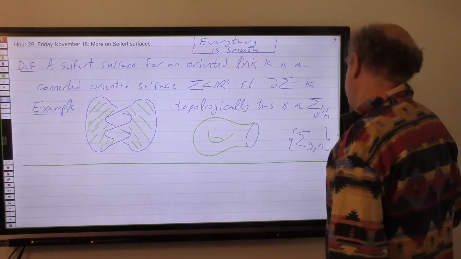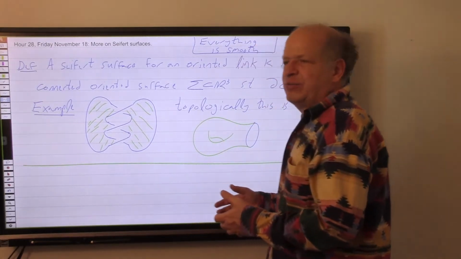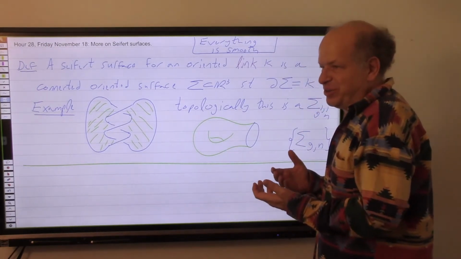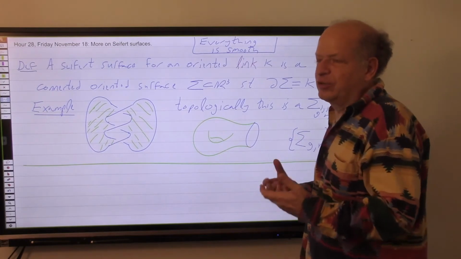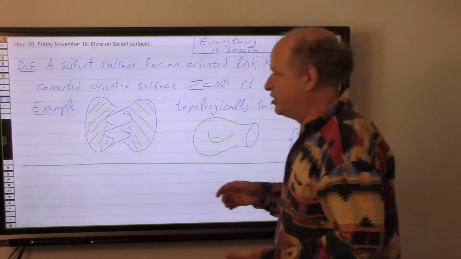Okay? So we did it by hand, and I wanted to say that it's actually a lot easier. If you are willing to rely on known theorems, you could do it much faster.